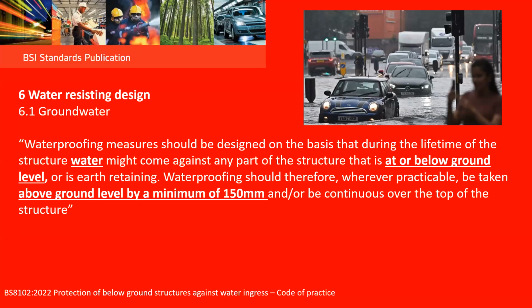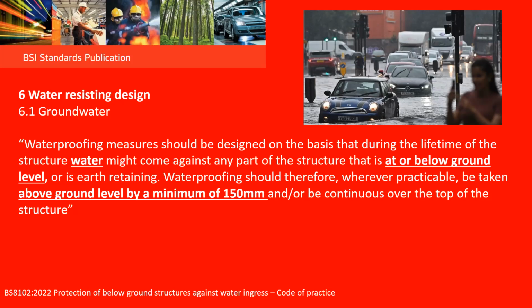Okay, so this alludes to surface water flooding now, as you'd expect with climate change and the Somerset Levels and London flooding the year before last and things like that, and flash flooding, overwhelming of drainage systems and overland flow. So now we're asked to consider taking our basement systems to a minimum of 150 mil above ground level as a kind of risk assessment, if you like, should surface water flood occur. So that's an important change.